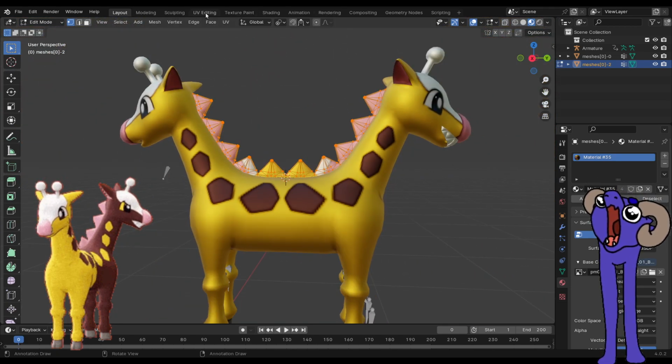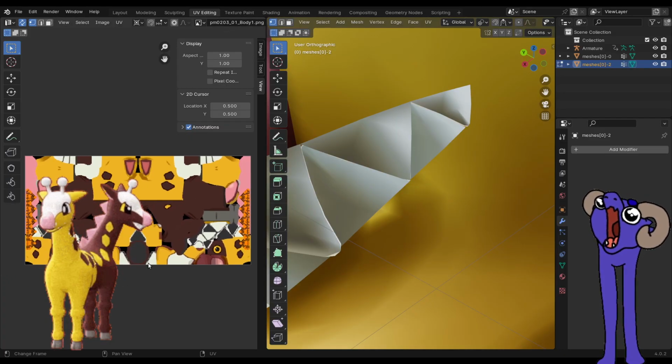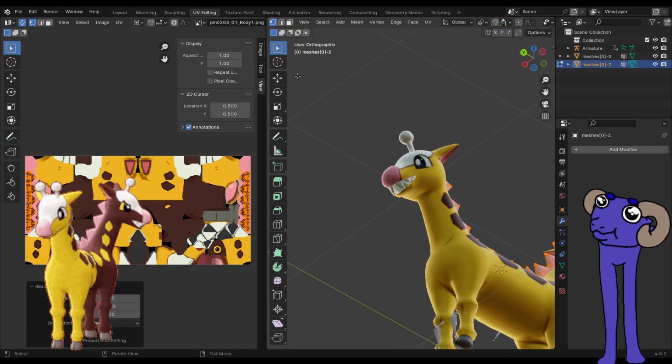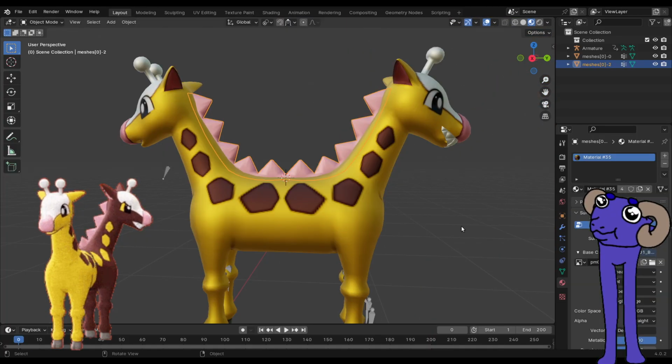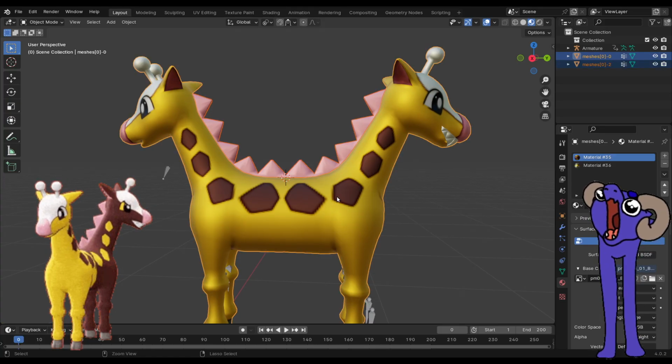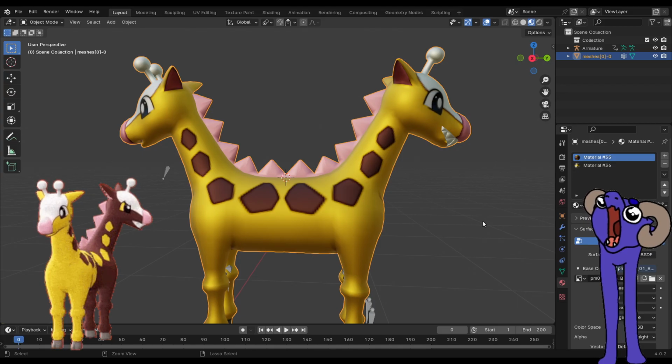And then we go to UV editing and we scale y -1. And then we need to join these together and save.